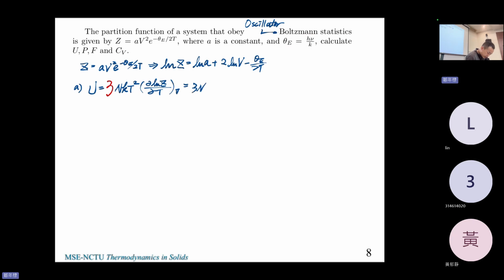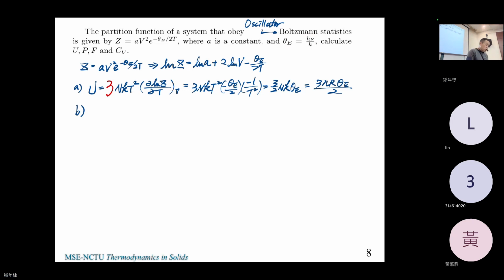U equals 3NkT squared times minus theta E over 2 times minus 1 over T squared, which is 3 over 2 Nk theta E, equal to 3NR theta E over 2. So this is U. Don't forget the 3.